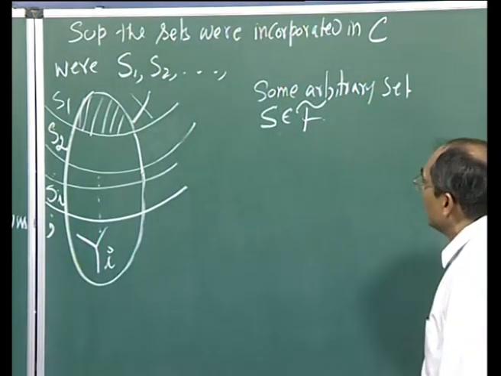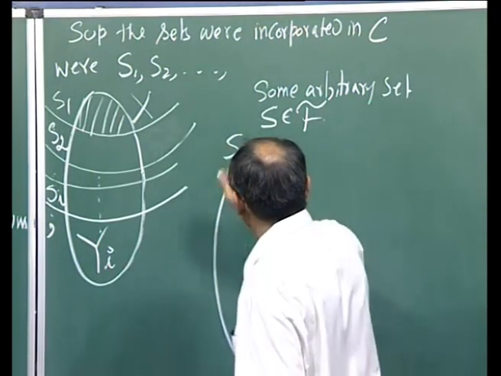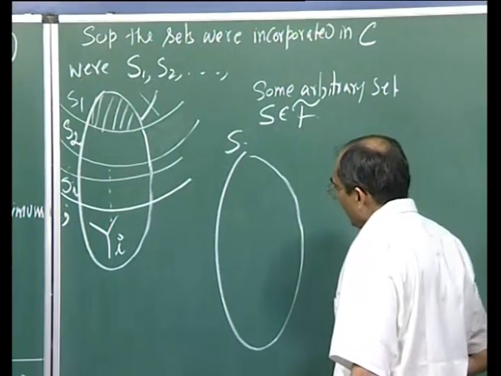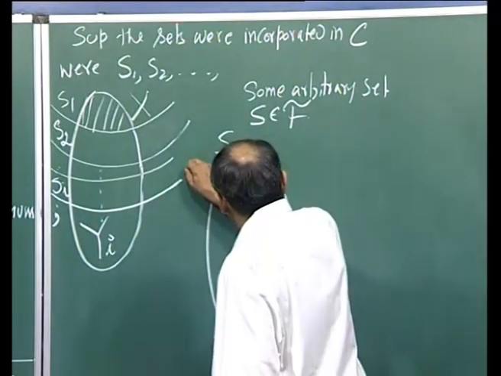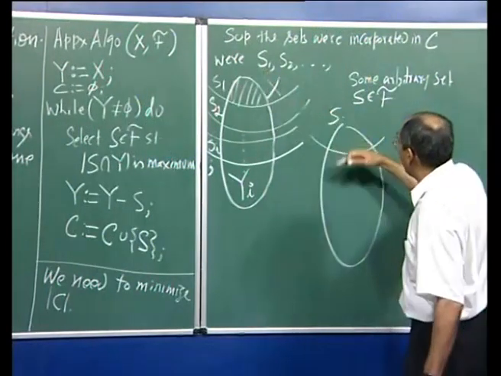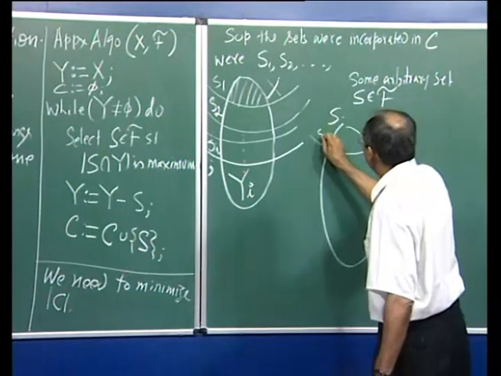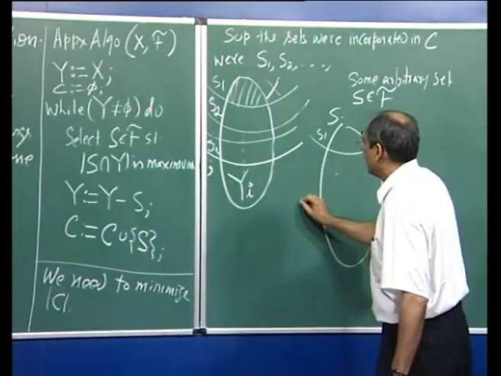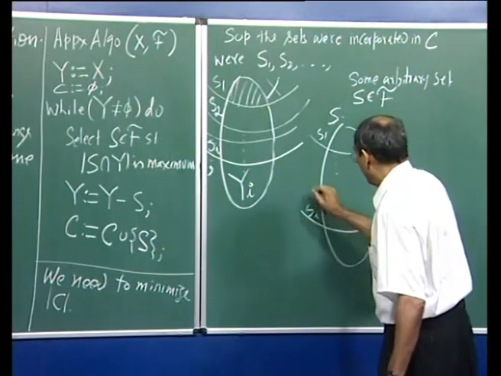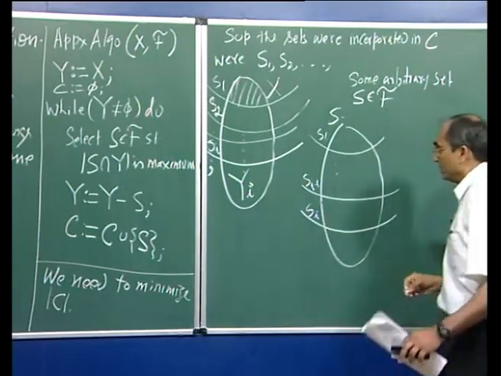So, this is that set S, and we will see how these sets cover the elements of S also. So, this is S1, Si, maybe Si minus 1 and so on.